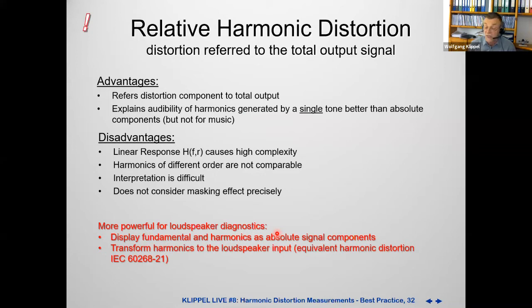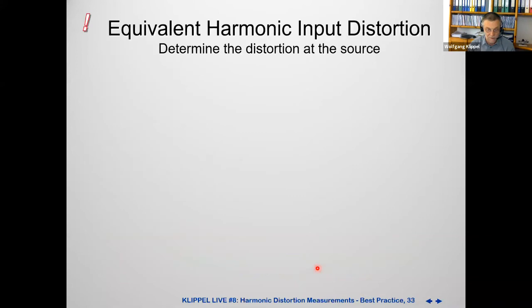You can work with the equivalent harmonic input distortion, we are coming to that, or you are referring to the mean value. And if you are really interested in the audibility, then you have to use perceptual modeling to explain what happens with your harmonic distortion measurement.